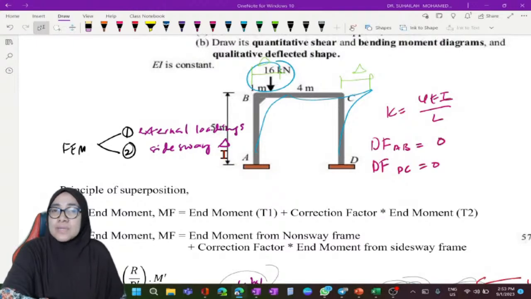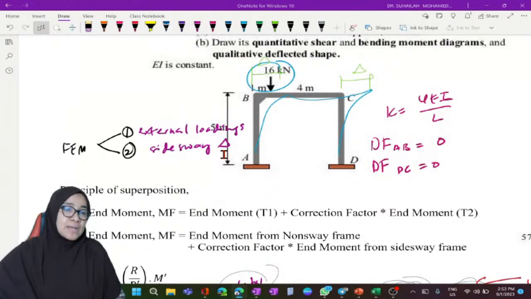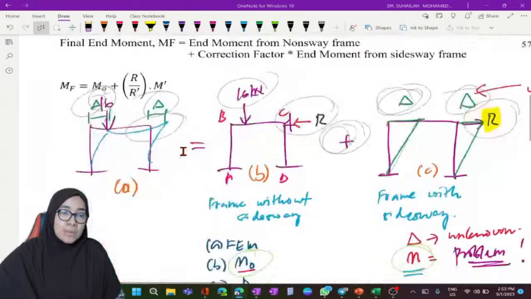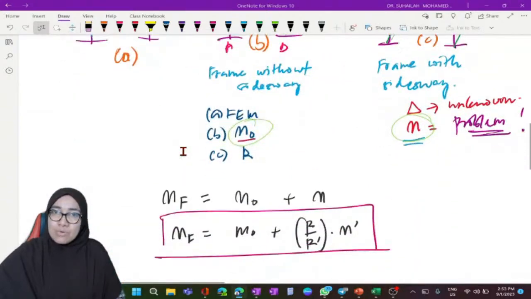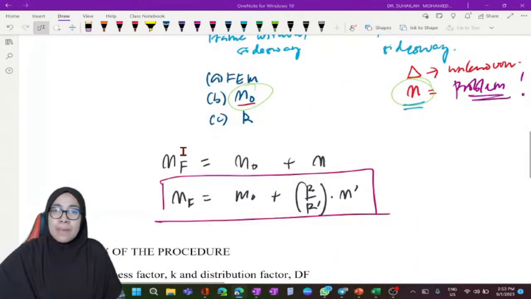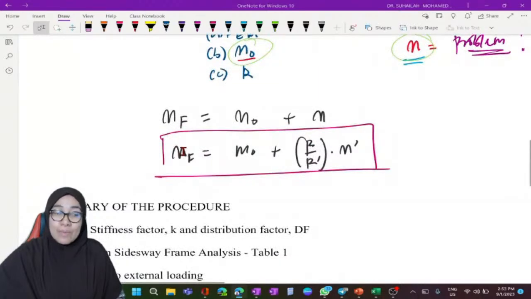FEM due to sidesway is unknown, so we actually assume the FEM for sidesway, and then we do table number 2, and at the end of analysis we find the correction factor. And that's how we get the member end moment for a frame with sidesway.